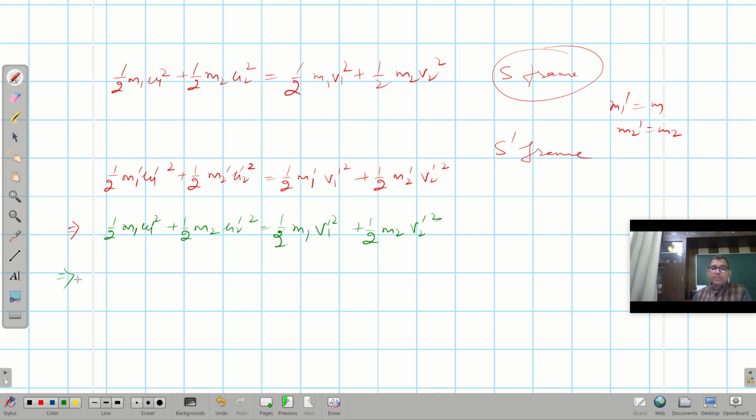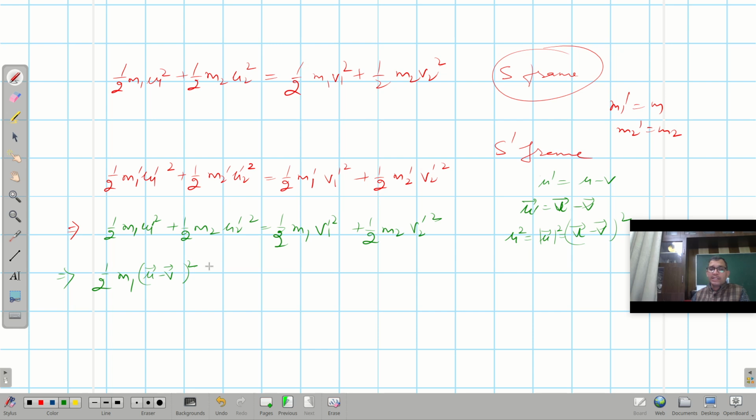So what should I do? It is half m1, and u prime can be written as u minus v, so it is u1 minus v whole square, because u prime vector is equal to u minus v, and if I take its square, then u prime square can be written as the u vector mod square, equal to u minus v whole square.